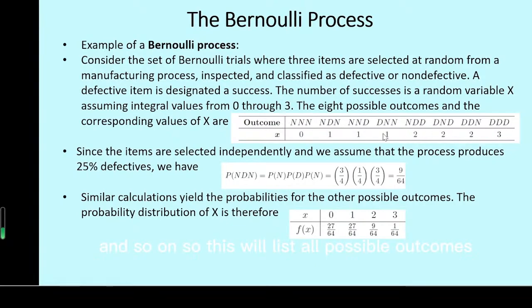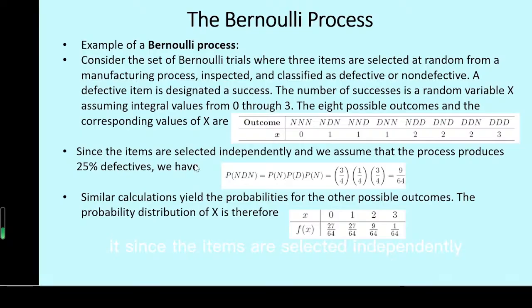So this lists all the possible outcomes of all 3 trials. Then x means the number of successes. Here the success is a defective, so we just count how many defectives are in each result. Clear, right? So this is the random variable x.